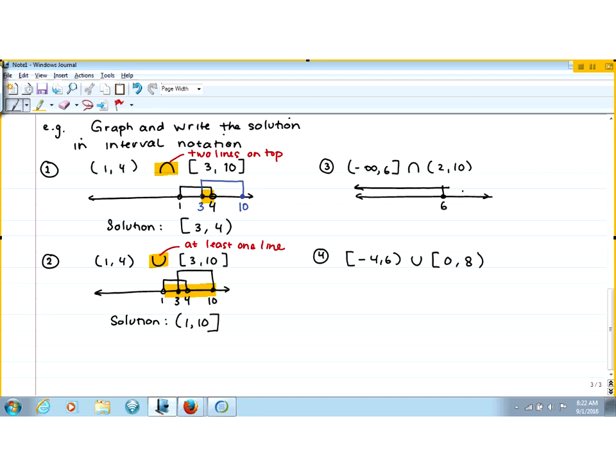All right. How about 2, 10? 2 open. How about 10? Open, and it's in between. So you should draw 2 things that have different heights. It doesn't matter which one's higher or shorter, but if you have 2 different intervals, you need to draw them at different heights, because you need to see how many lines.